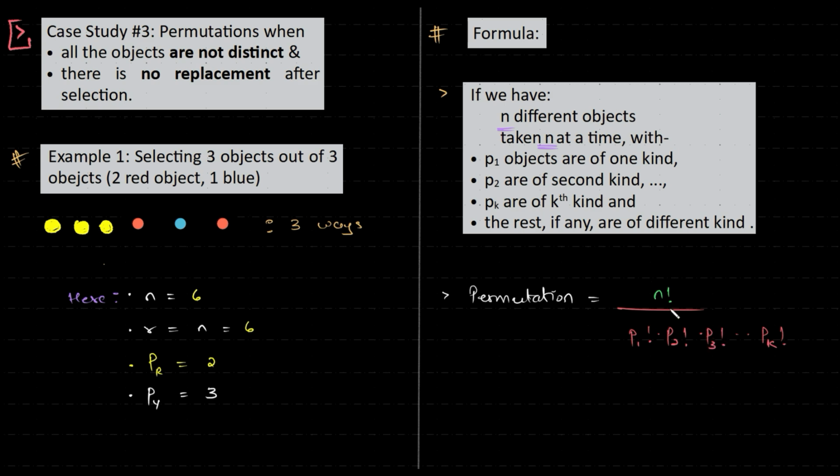Here n represents the number of things, right? Number of objects. So this is the formula. So for this, the permutation would be 6 factorial divided by 2 factorial into 3 factorial. Okay, that's how it is, right?